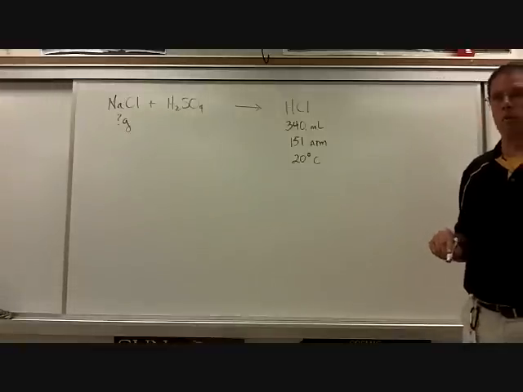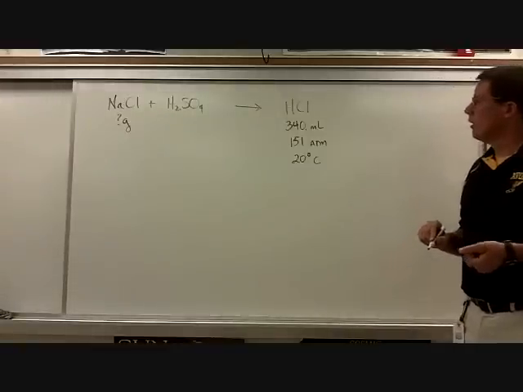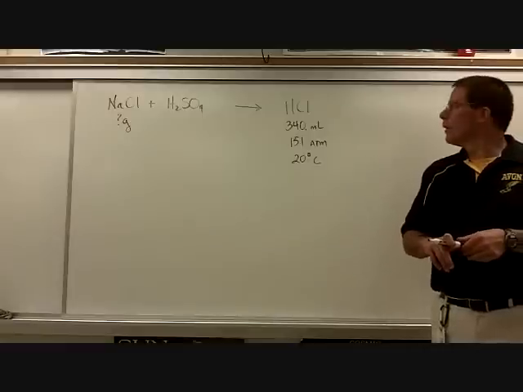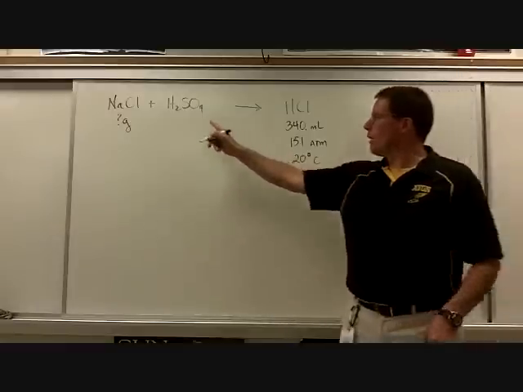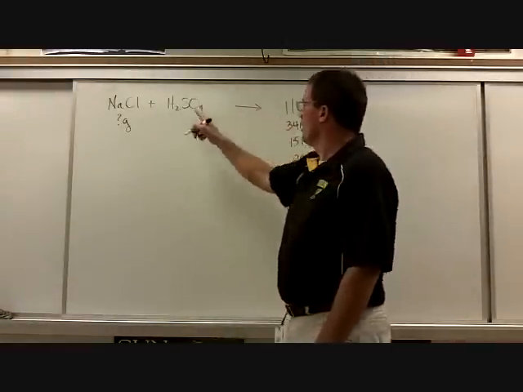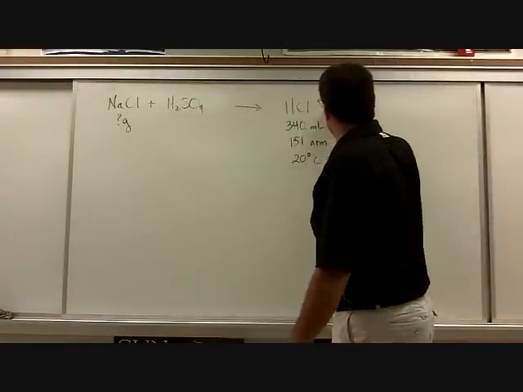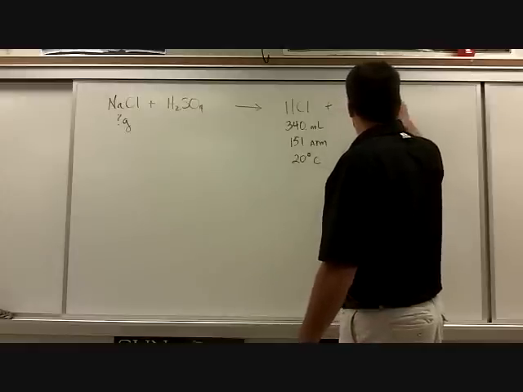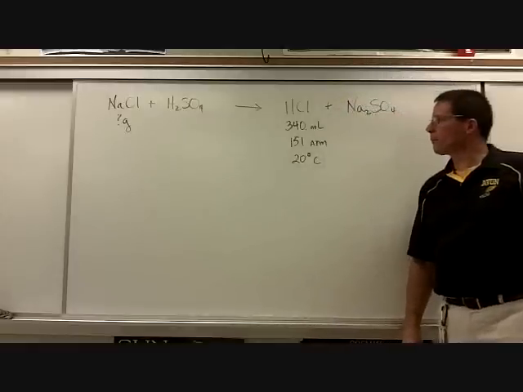Now that's all the information that was given on the question. Does this look like a complete equation? No. So what kind of reaction do we have here? Double replacement. So we've already got our hydrogen with the chlorine, so we also need sodium sulfate. Okay.